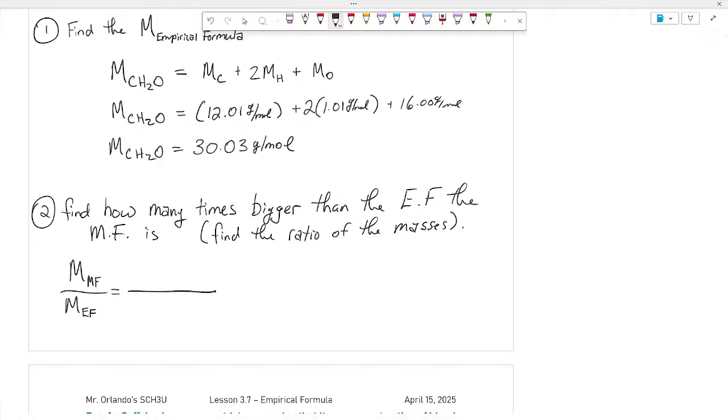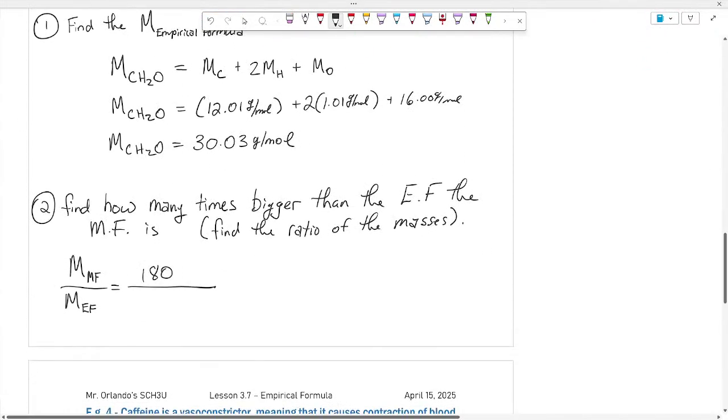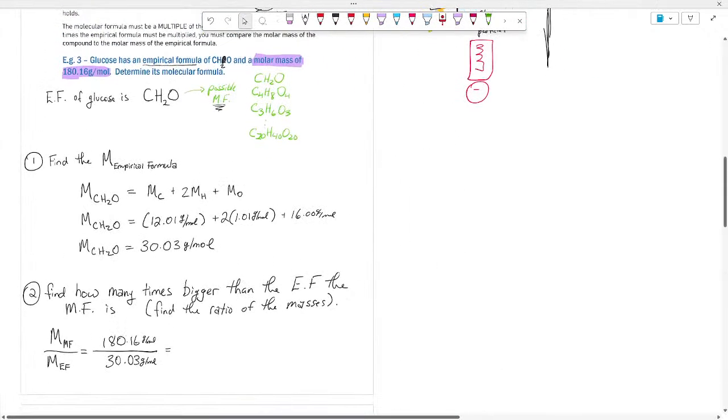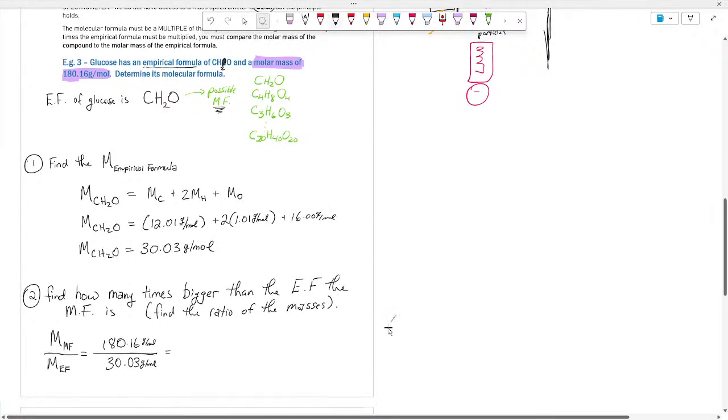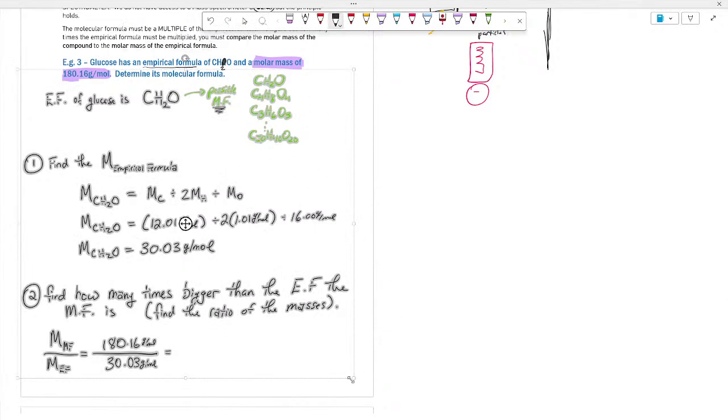And when we do that, we're going to put 180.16 over 30.03. And that's going to work out to be what? It's going to be just shy of perfectly 6. 5.999.